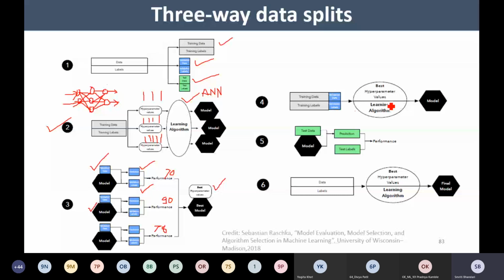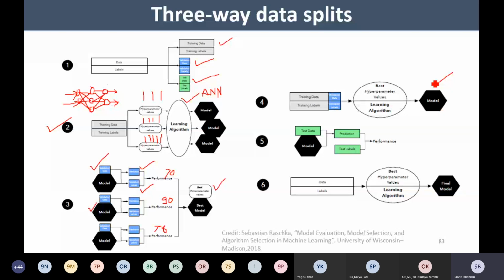So my learning algorithm will come up with one model by fitting all this data with the set of parameter values I have provided.